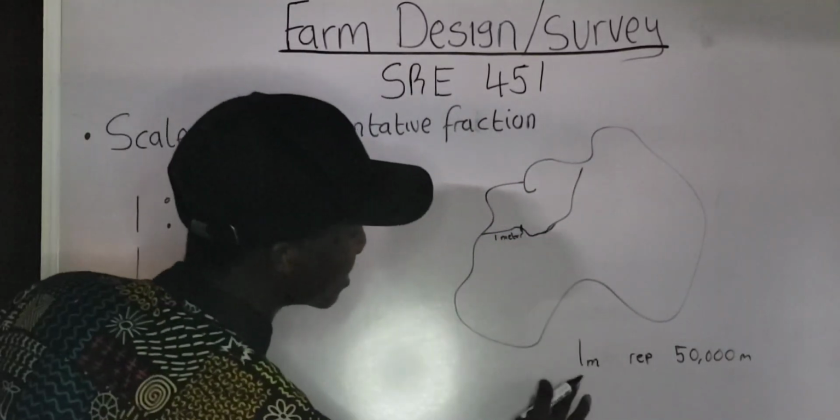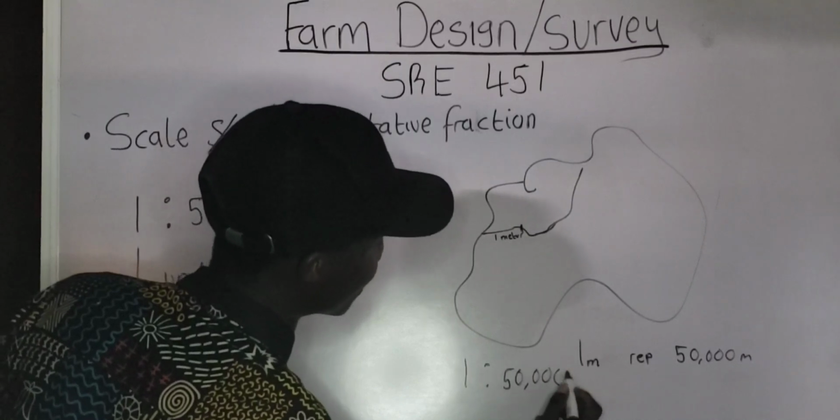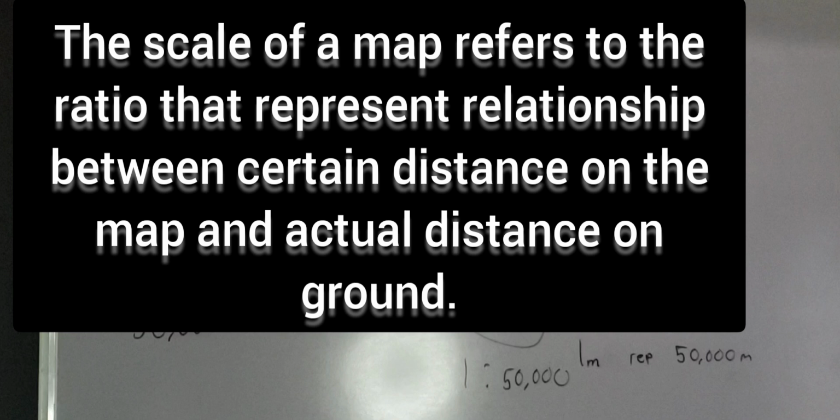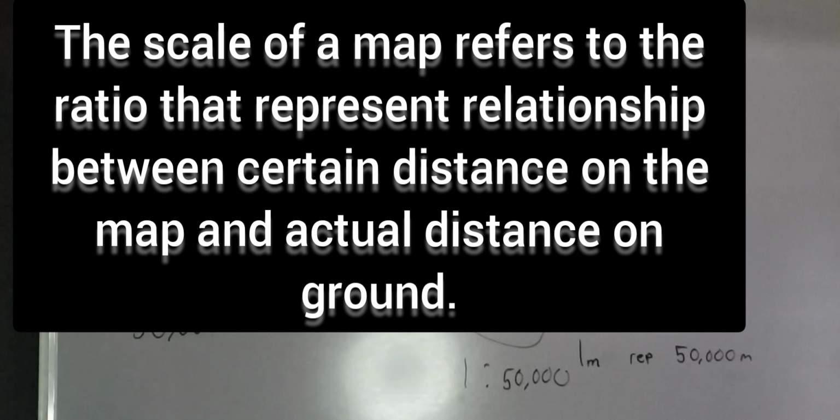This scale is what? 1:50,000. Because a scale is defined as the ratio that represents the relationship between certain distance on the map, that is 1 meter on the map, and the actual distance on the ground, that is 50,000 meter on the ground.